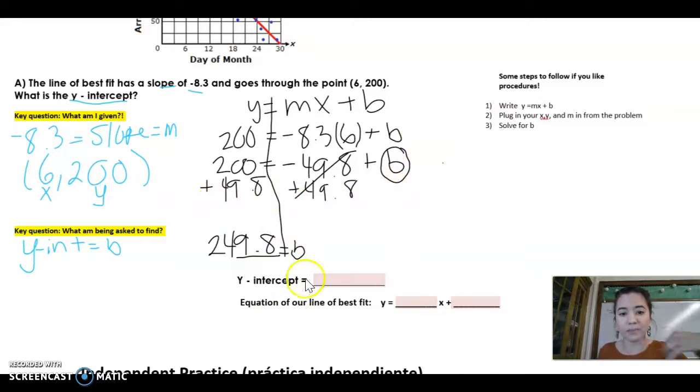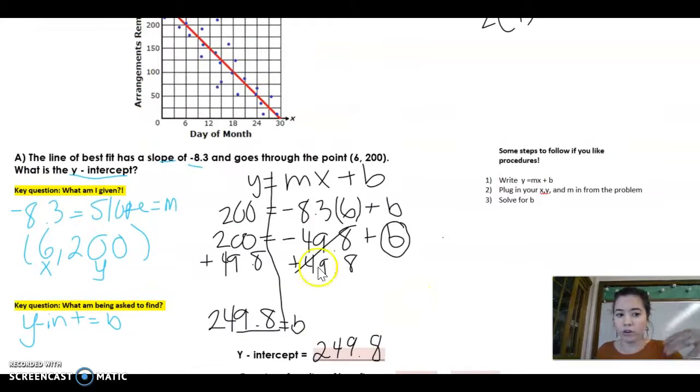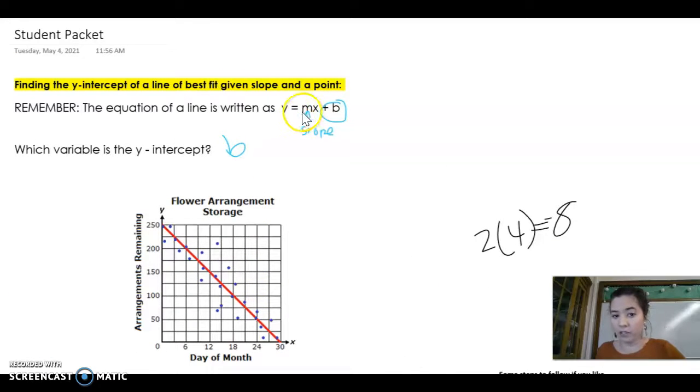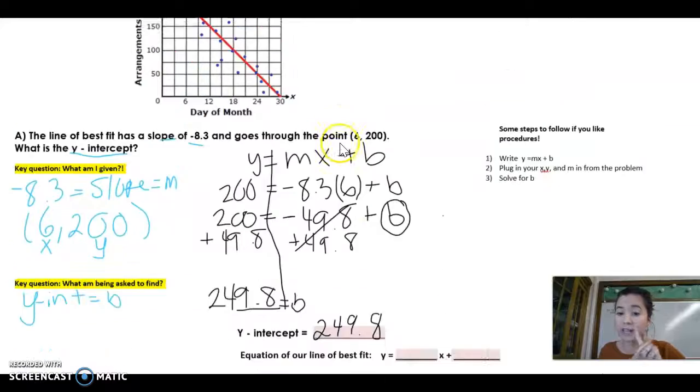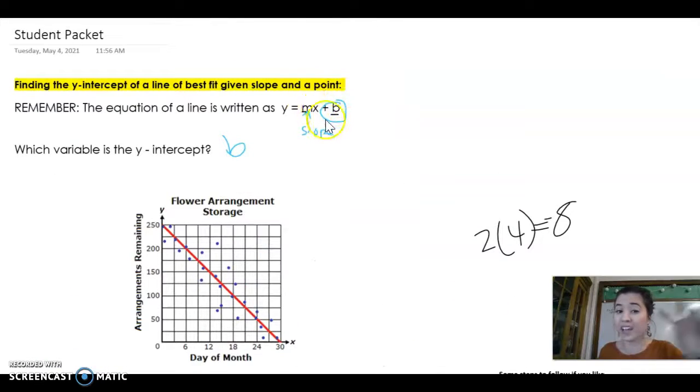And voila, that is b. So my y-intercept, my b value is 249.8. And with that, we're able to write the equation of our line. So we need our slope, we need our b. Just like with exponential equations, I expect to see both a y and an x in equations, because remember, x represents that space that we plug something in, and then y represents the thing that we get out.